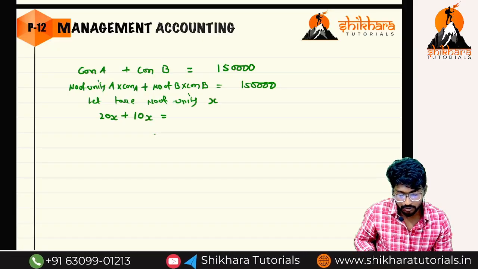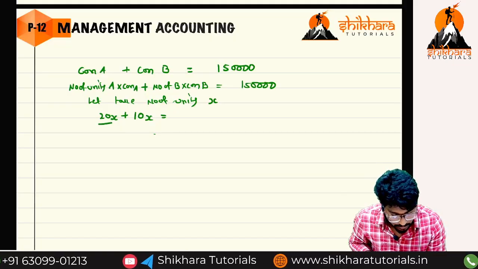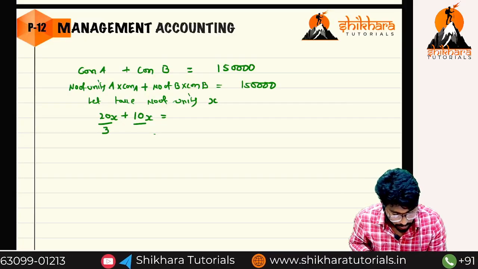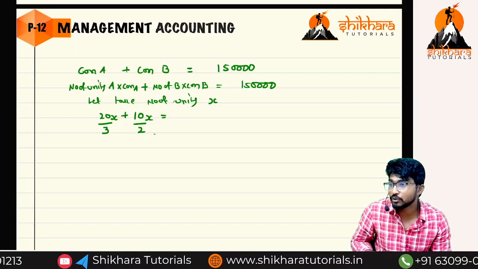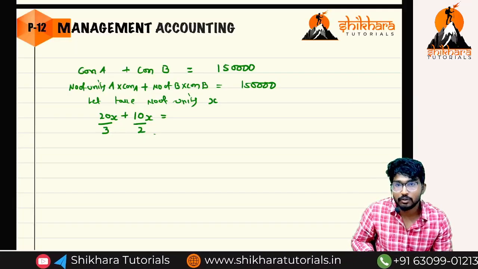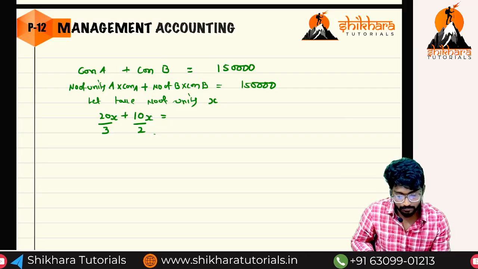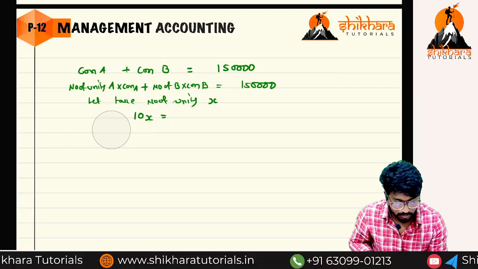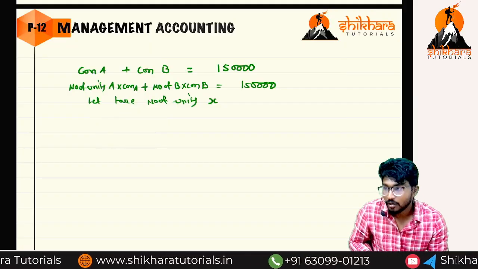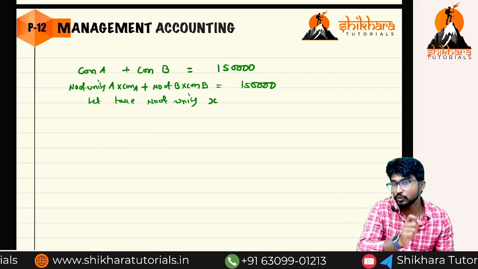Total contribution, sorry. Here divided by 3, here divided by 2. Why? Because our ratio is 3:2. Out of total units, we are sharing it in 3:2 ratio.